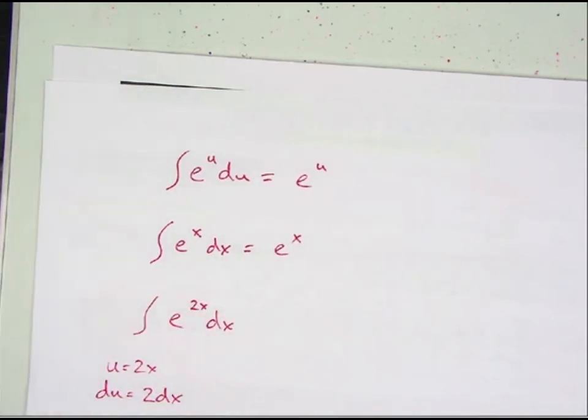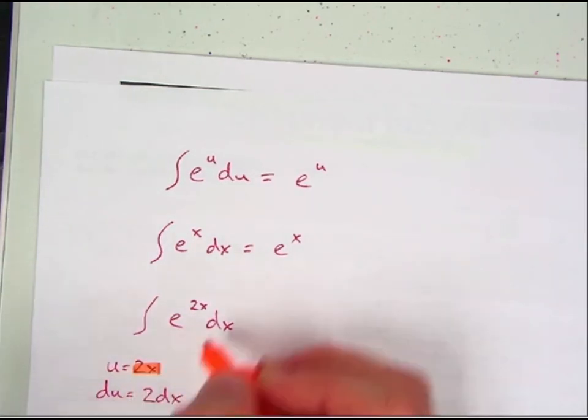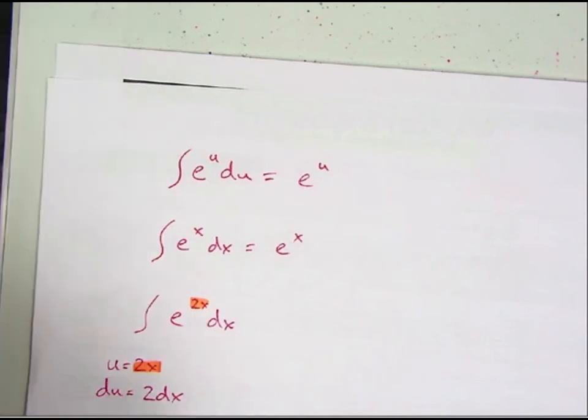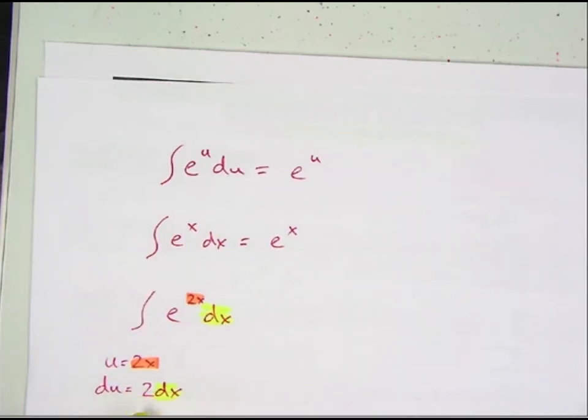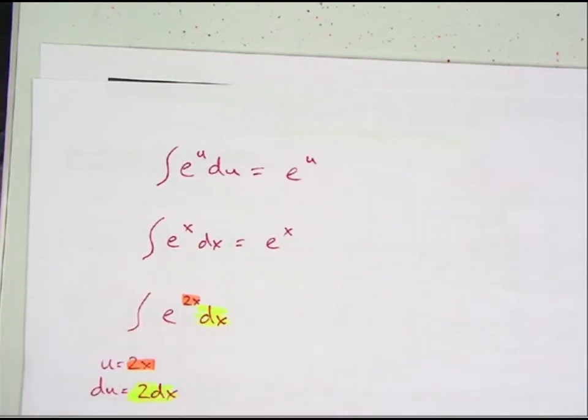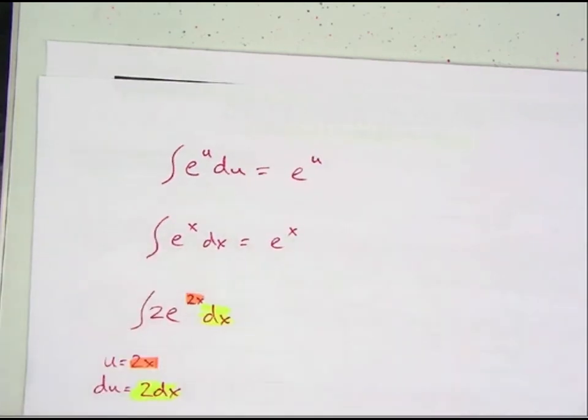So you can see our u's right here. And then du, we have a dx, but we need an entire du. So we got to put that in right here.